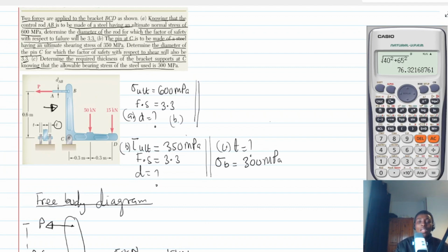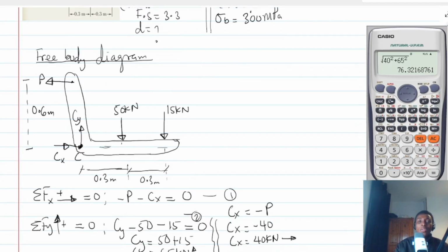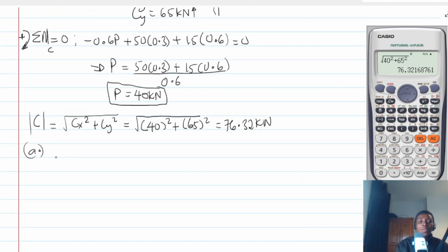First of all, let's try to understand the safety factor. If you have a safety factor of 3.3, it measures how safe you are. So your ultimate stress is supposed to be 600 megapascal. But if you allow a safety factor of 3.3, then your allowable is going to be 600 divided by 3.3.